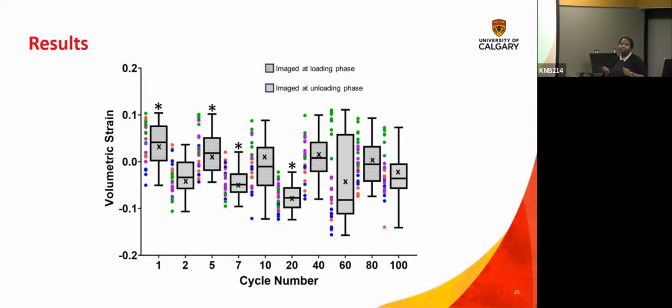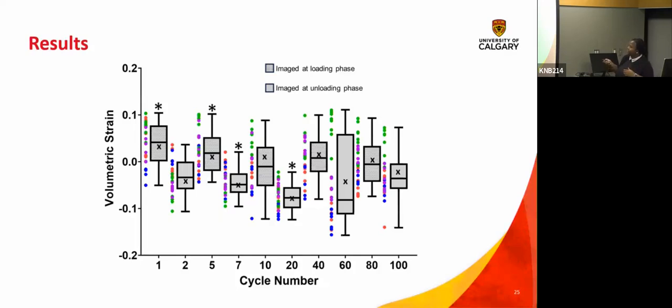Again, we still saw that behavior where over time you have a bit of volume decrease within the first few cycles. And this time around, it took a while. It actually got to 20 cycles. In the first protocol, we saw that volume increase within the first 10 cycles, but this one was still within the first 20 cycles.